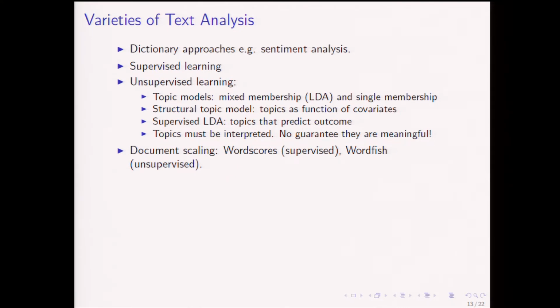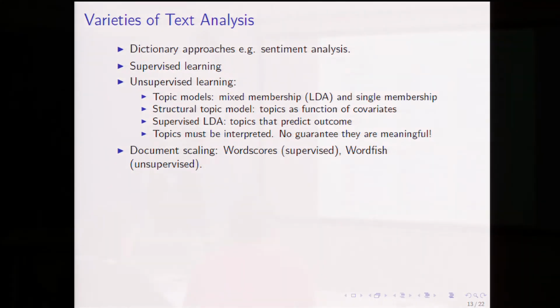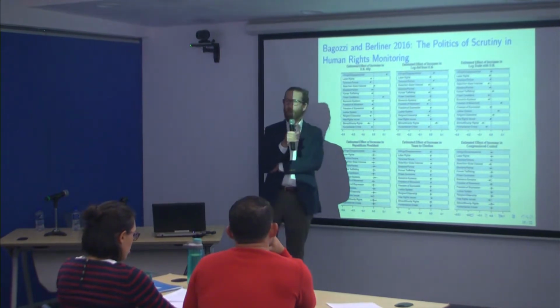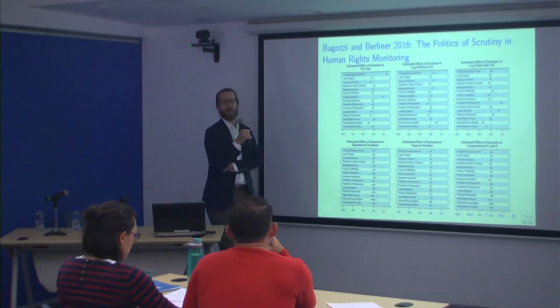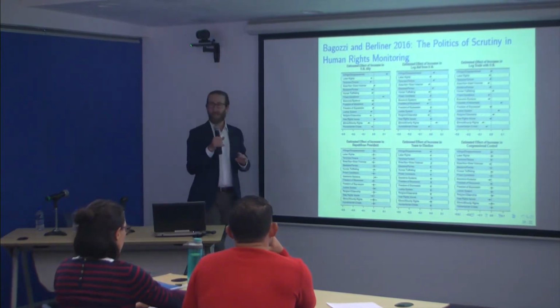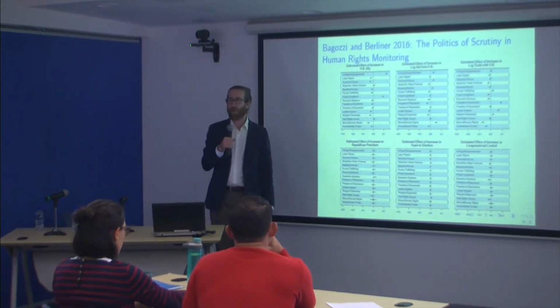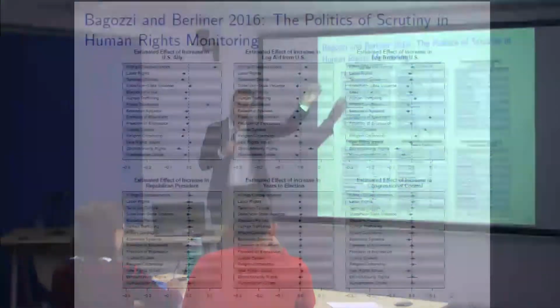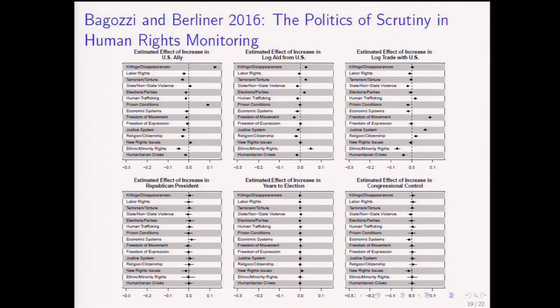Okay, I'll just give you an example from a paper of mine. If any of you do any research in the human rights field or are familiar with it, most human rights data across countries has been coded from human rights reports published by the US State Department since 1997. The US State Department every year publishes a report about every country and describes their human rights.